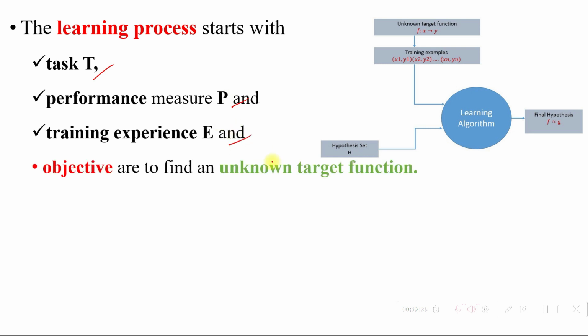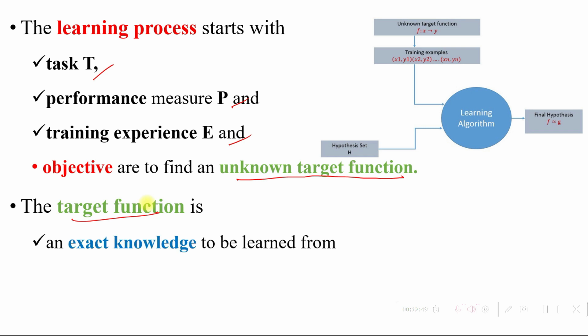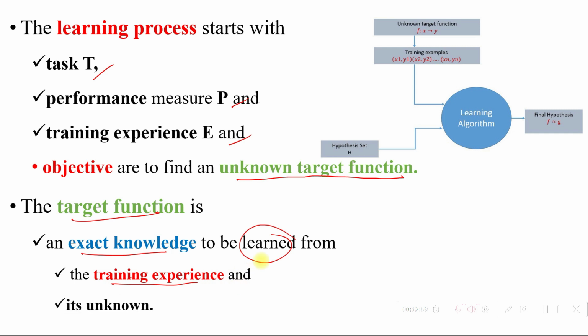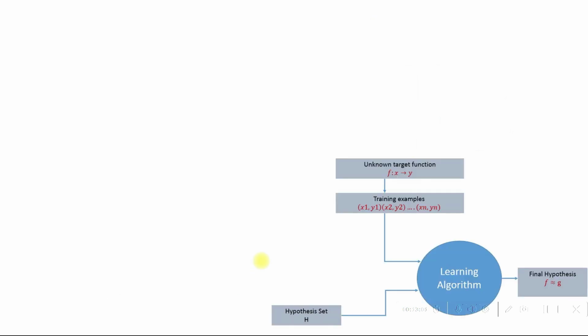Our objective is to find the unknown target function. The target function is the exact knowledge to be learned from the training experience, and it's unknown.